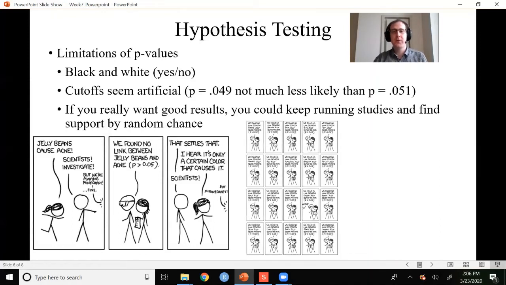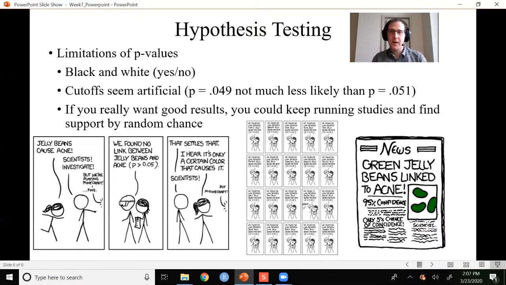So we go through, we run one test, and we use purple jelly beans the first time because it could be all different colors of jelly beans. And we don't find anything. And then we do this with 20 different colors of jelly beans. And just by random chance, we have that result that green jelly beans were associated with having acne.